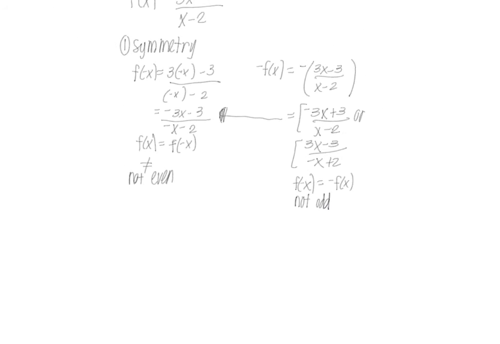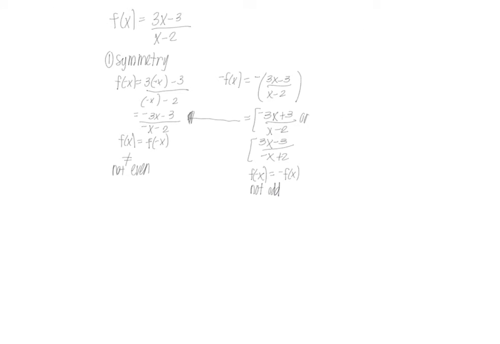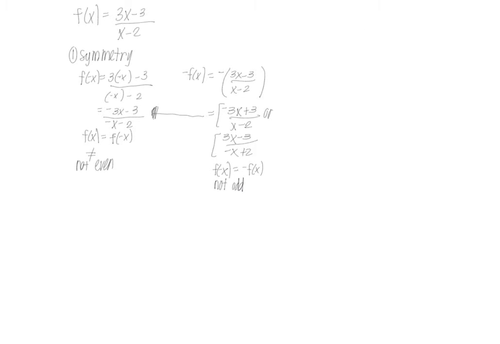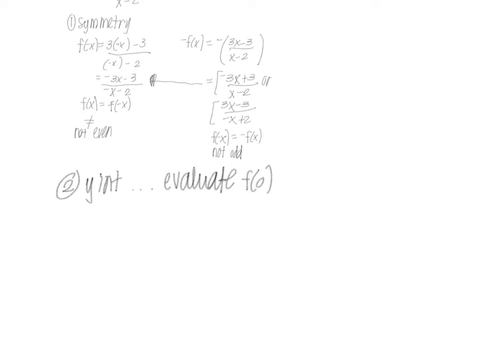In step 2, I like to find the x and y intercepts. I'm going to start with the y-intercept. You find the y-intercept by plugging in 0 for x. So basically f of 0.